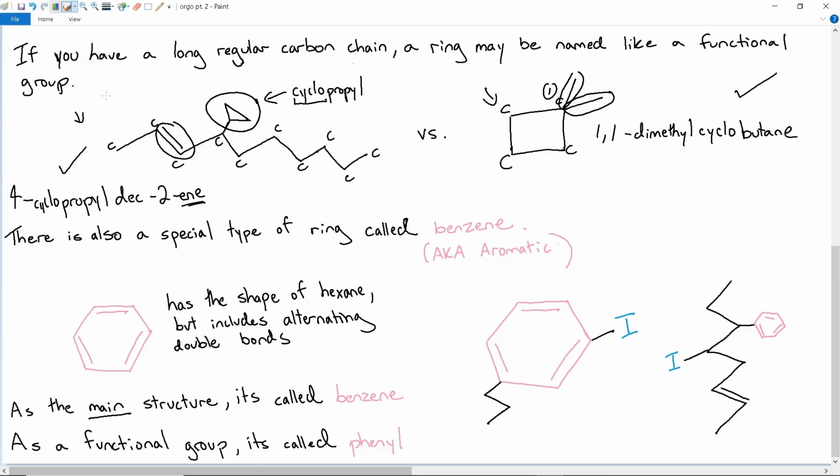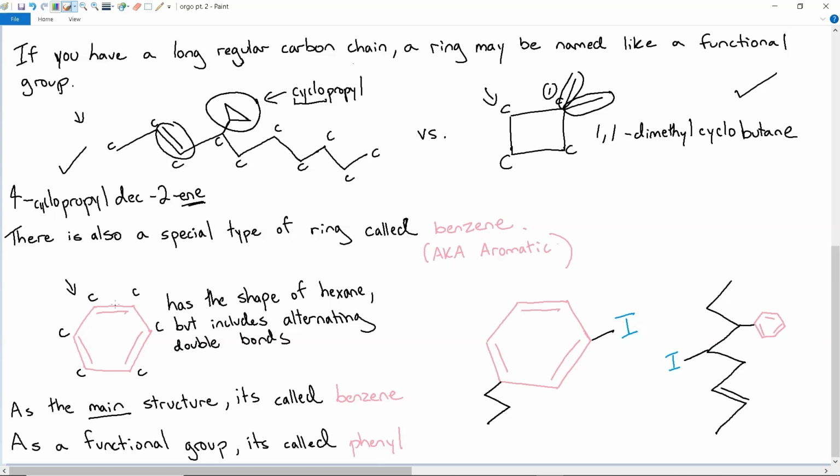All right. Beyond the regular ring structures, we also have a special type of ring called benzene. And sometimes it may be referred to as an aromatic group, but its official name is benzene. And this is benzene right here. So you'll notice it very much looks like cyclohexane because we have 6 carbons in our closed ring structure.